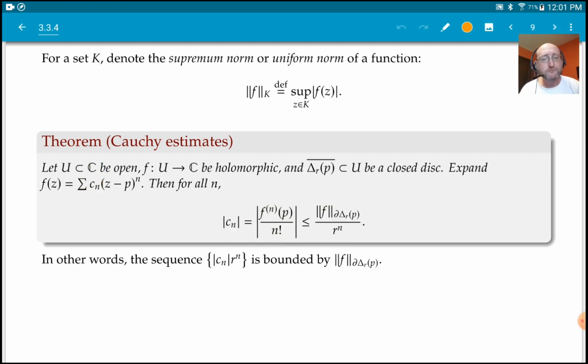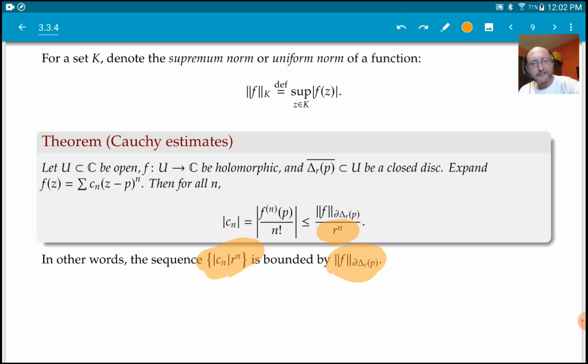All right. So another way of thinking about what it just said is that if I stick this r to the n on the other side, I get that this sequence is bounded, right? And it's bounded by the size of f. Now, if you recall from a while ago, we said that a power series converged if and only if these kind of sequences, for all r less than the radius of convergence, were bounded, right?